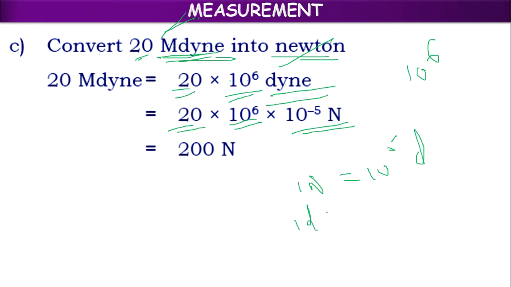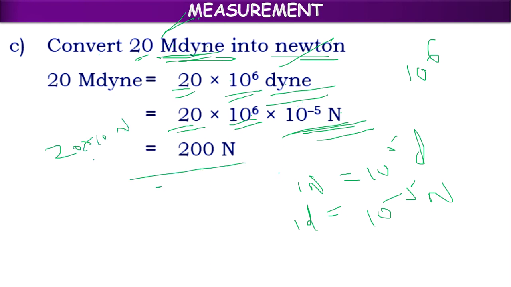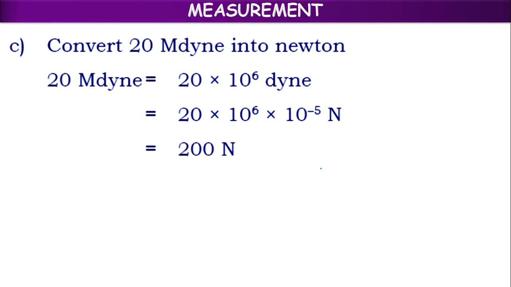So 1 dyne equal to 10 power minus 5 newtons. 6 minus 5, 1 means 10. So we can write 20 into 10 newtons, which is equal to 200 newtons.